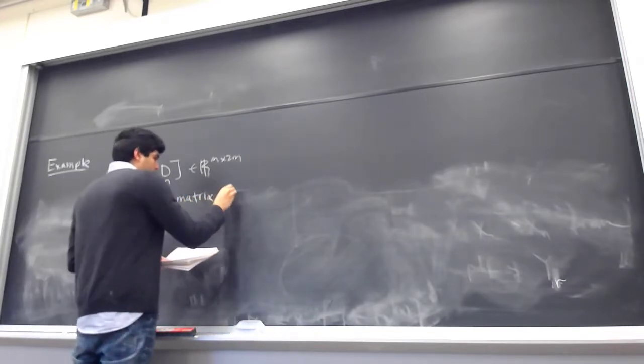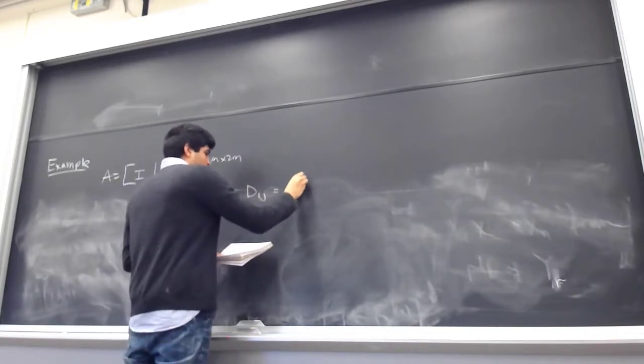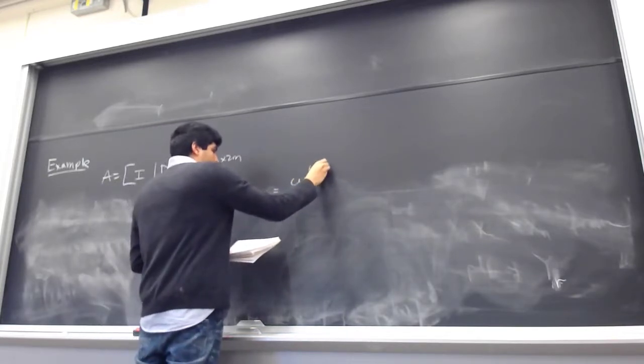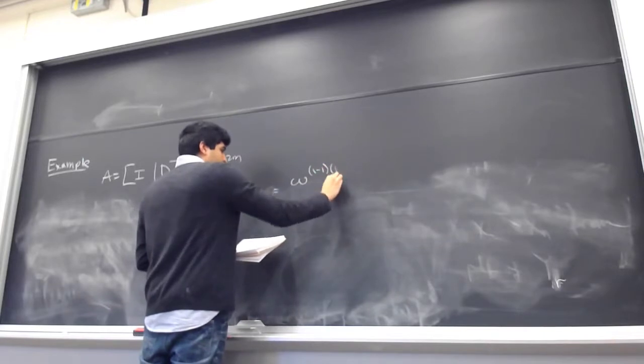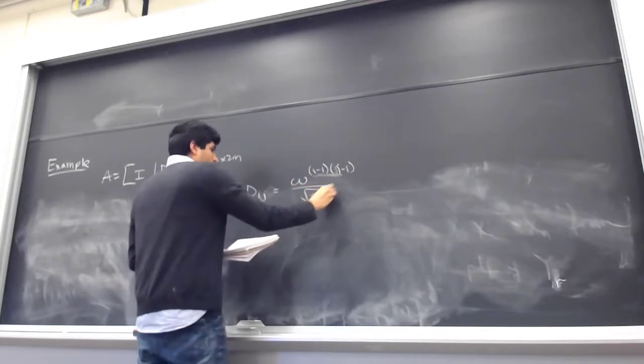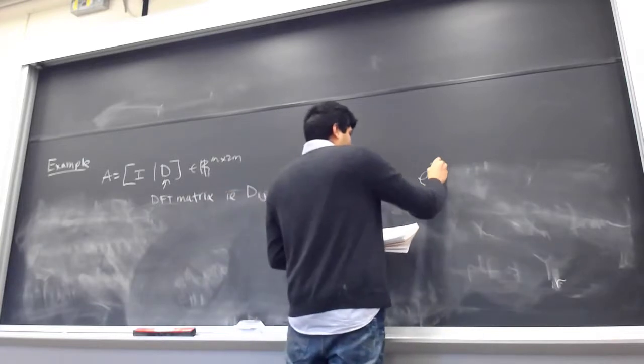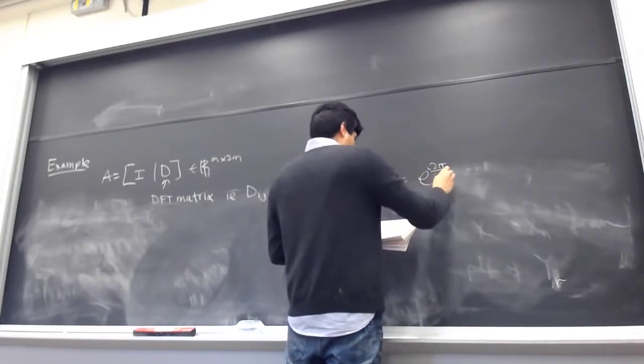In particular, the ij entry is just omega to the (i minus 1) times (j minus 1), over root m, where omega is the mth root of unity, so it's just e to the i 2 pi over m.